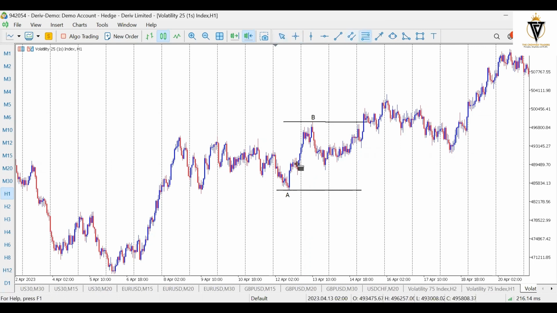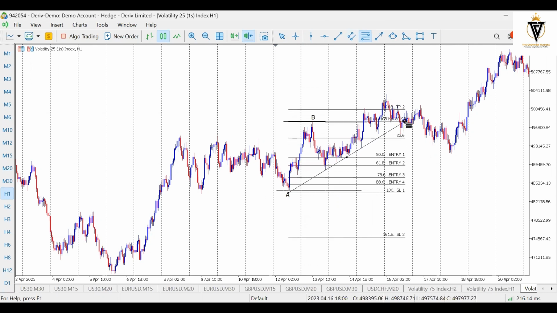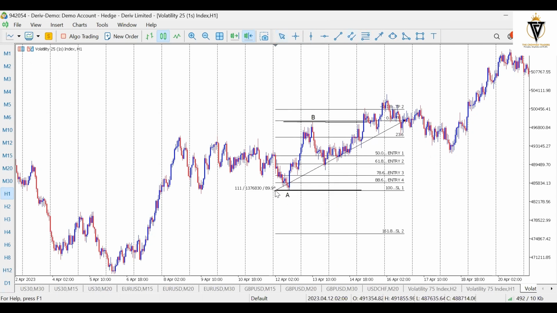So we'll pick our Fibonacci from point A to point B. You see our entry, we got an entry at halfway to 78.6, but also at the 61.8 entry point. So that's that.